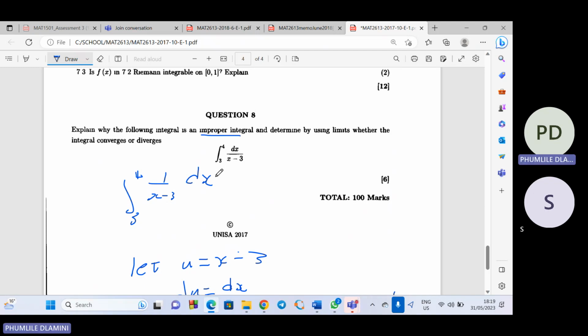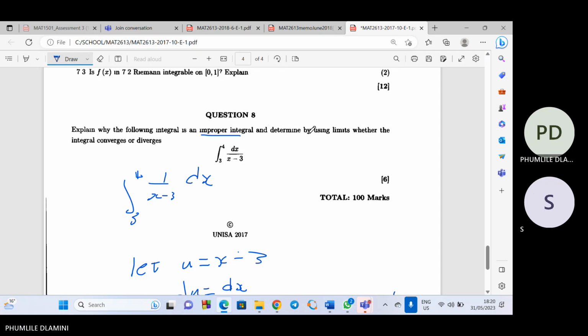So do you have any question with it? Then it says determine by using limits whether the integral converges or diverges.